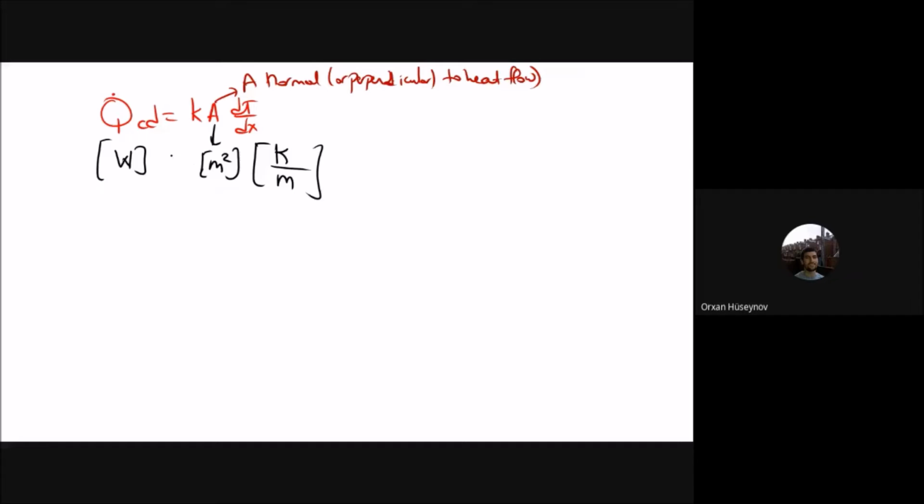And from here, you can determine that the conductivity has a unit of watt per meter Kelvin, or watt per meter degree Celsius.